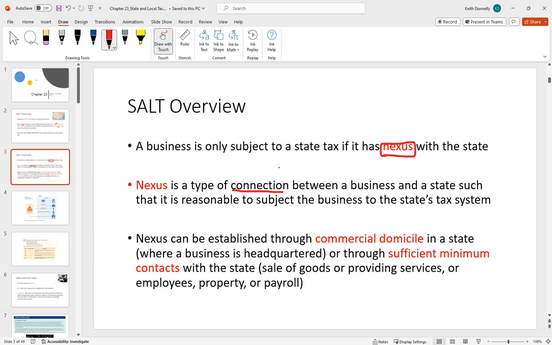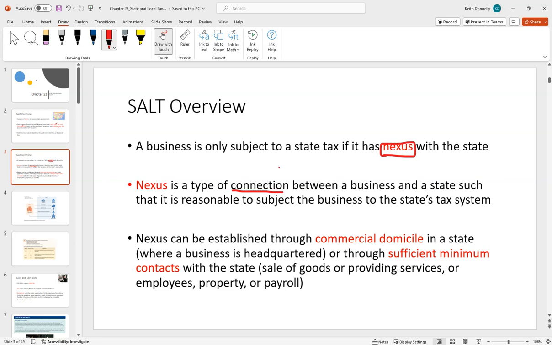So if you just got a letter in the mail that says, hey, we're bringing you into court for California, and you never stepped foot in California, you had no connection there, you would say, this is crazy, right? There's no nexus. There needs to be some kind of connection to make it reasonable for a government to impose a law on you, to impose a tax on you, to bring you into court in the state.